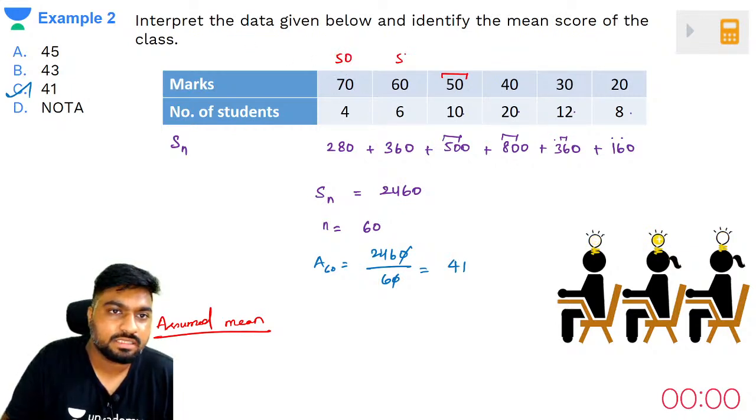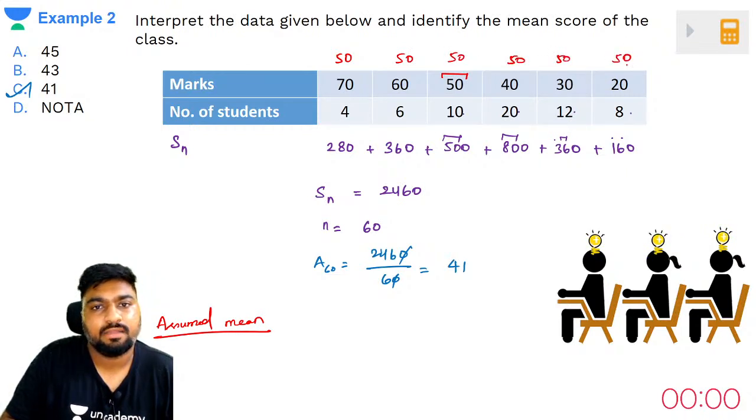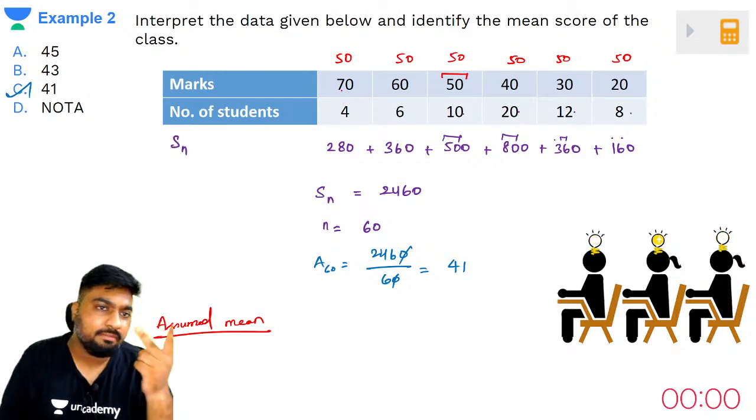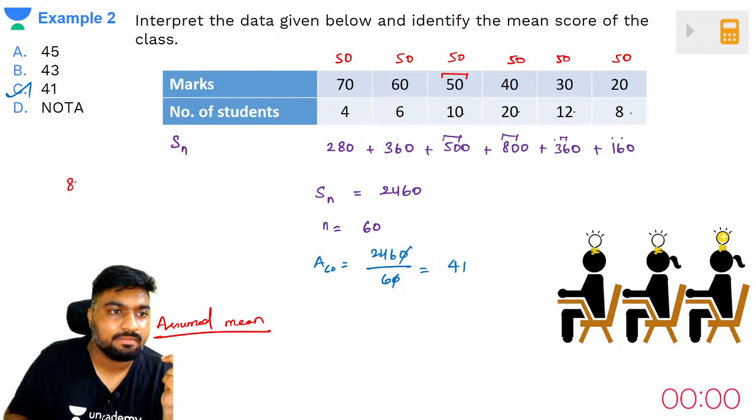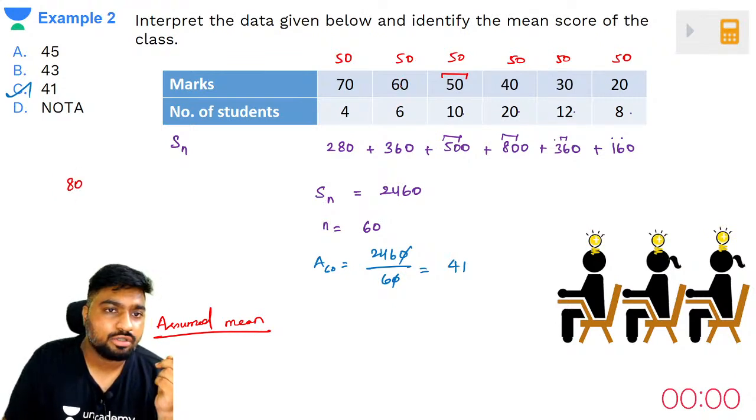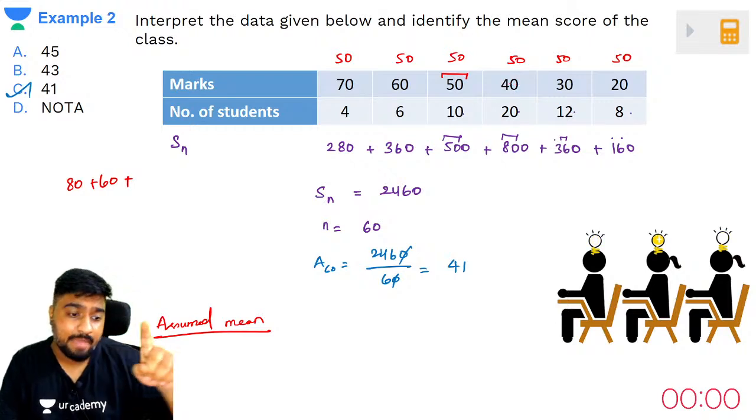If I assume this is also 50, this is also 50, 50, 50, 50. So 20 marks for 4 people, 20 marks for 4 people. That means 80 is left. 10 marks for 6 people, 60 is left. This is the same, only 0 for this. Here I am adding extra.